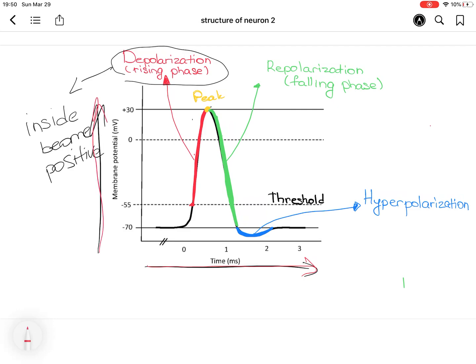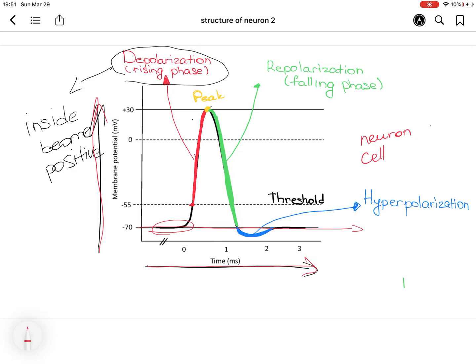This is the voltage axis. In the resting potential, the inside of the neuron is at minus 70. This line is the resting potential.